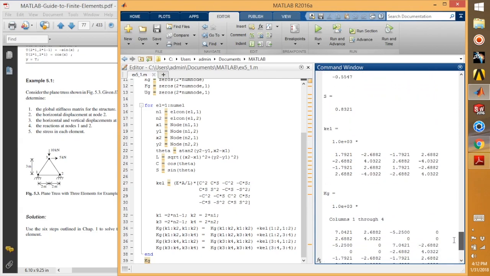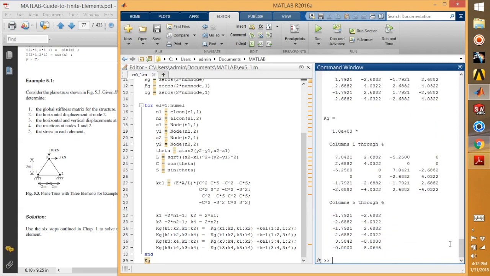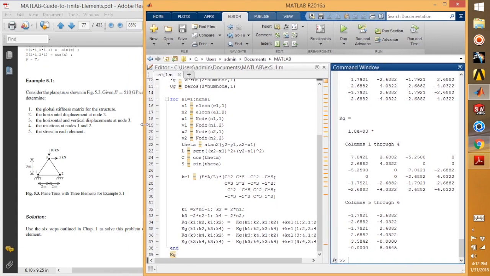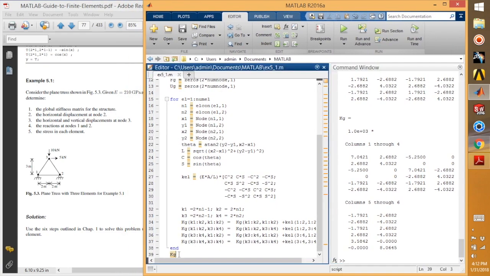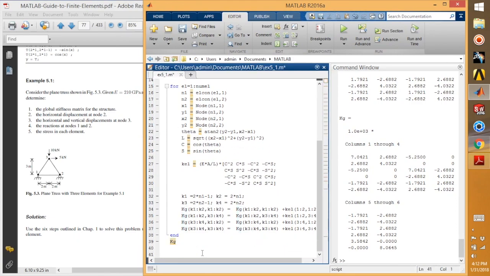So let's proceed further and find the horizontal displacement at node 2 and 3 and vertical displacement at node 3. Because we have k, we know the horizontal displacement at node 2 means this element.